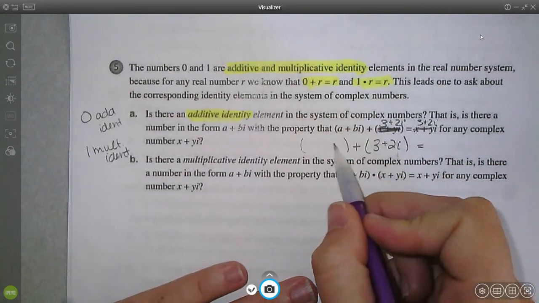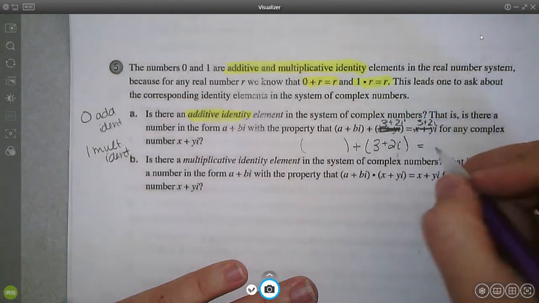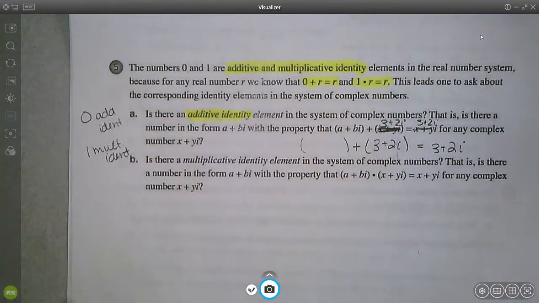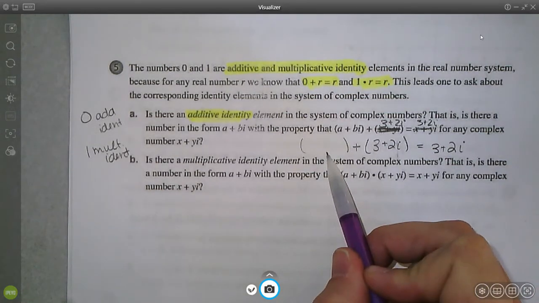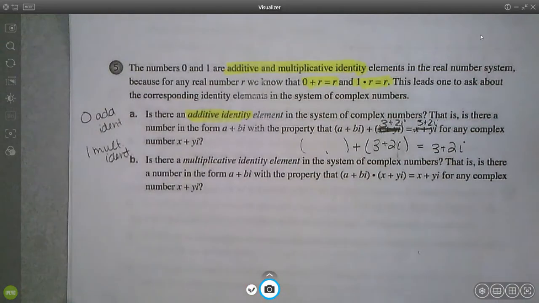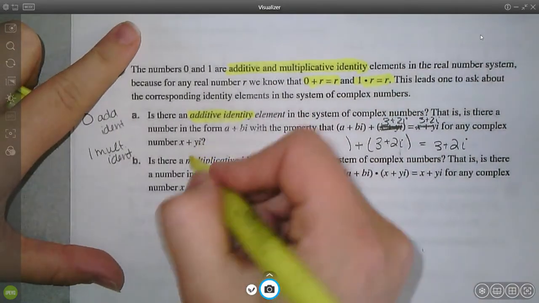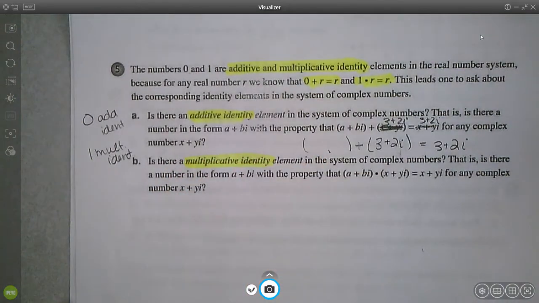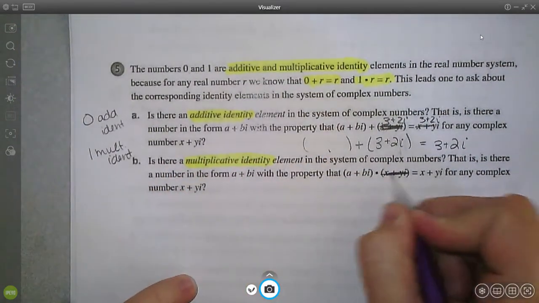So can you put some complex number here plus 3 plus 2i and get out 3 plus 2i? So the answer is yes, but you have to figure out what to put in here. And the next one is there a multiplicative identity? So can I take, okay, so we'll switch these again.